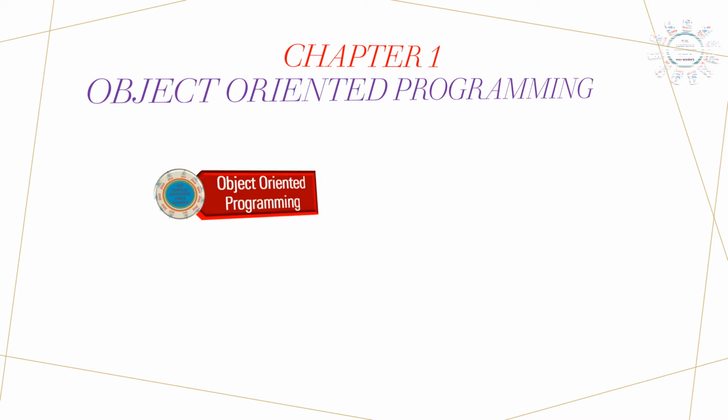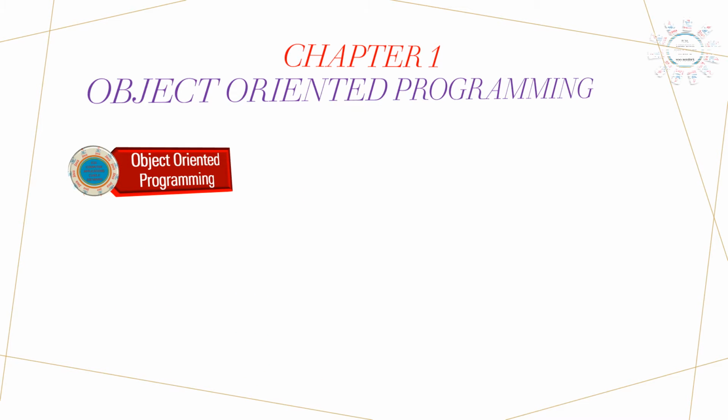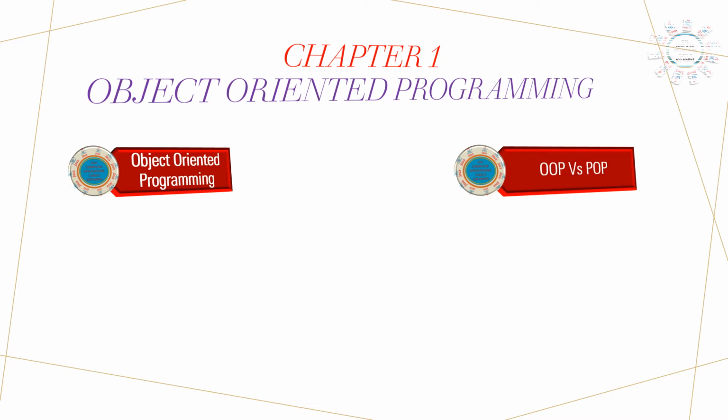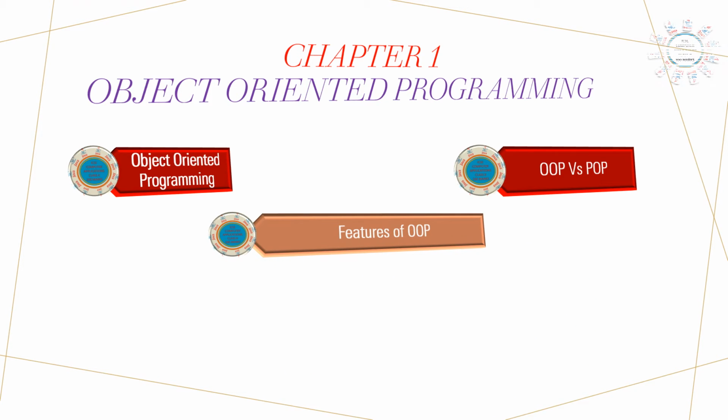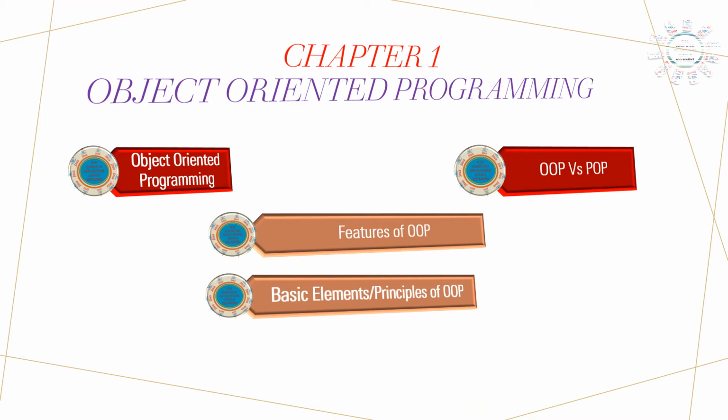So what questions we can expect, and what are the new topics or new questions that can come this year. Starting with, we have the first question, that is object-oriented programming definition we have to study. The difference of object-oriented programming, that means OOP vs POP. Features of object-oriented programming.